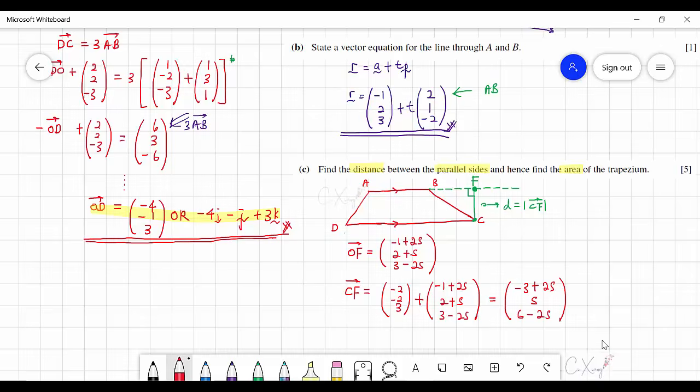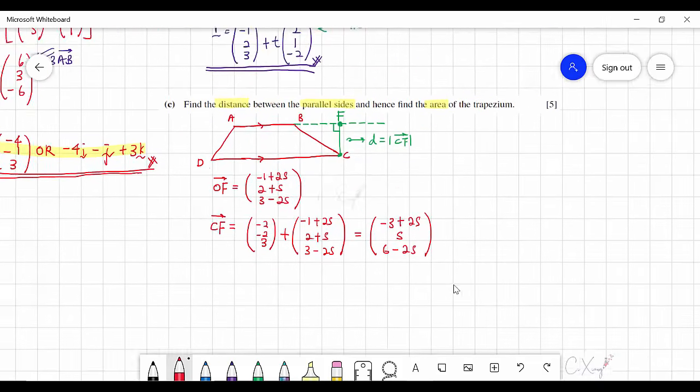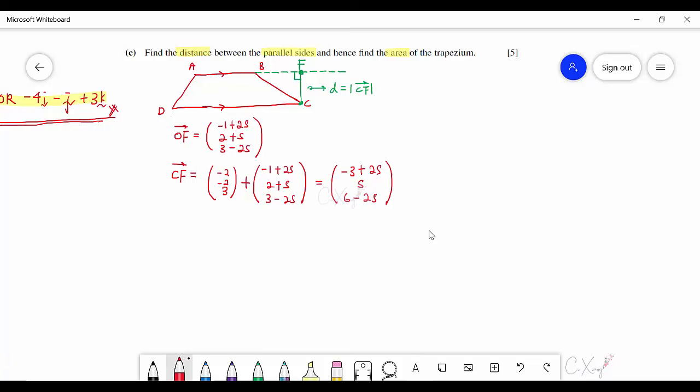After I get CF, the next step is, since I know that CF and AB are perpendicular to each other, CF multiplied with AB, the direction of the vector equation AB, equals 0 because they are 90 degrees to each other. This is one of the properties that we learned in vectors before. So CF is negative 3 plus 2s, s, and 6 minus 2s, multiplied with AB.